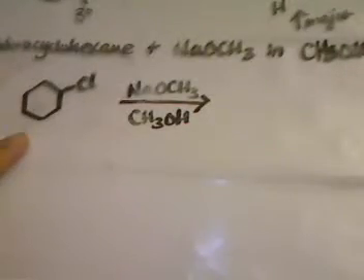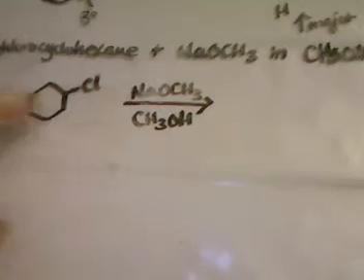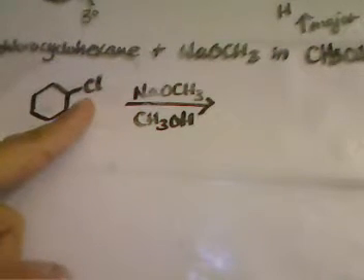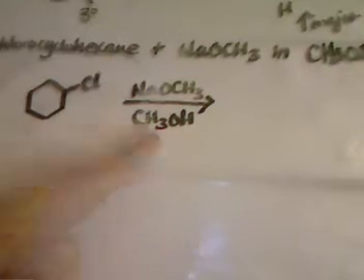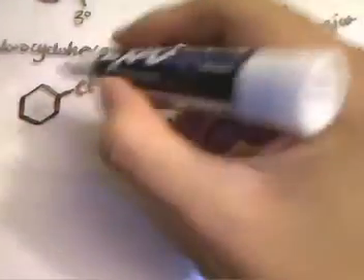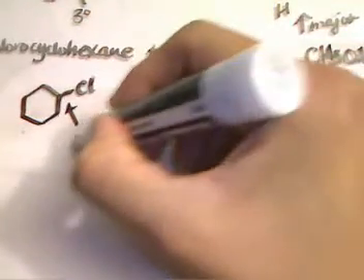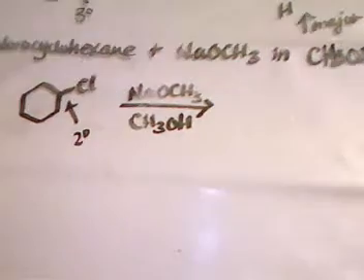So the first thing we do is draw the molecule, and this is the molecule. It's a cyclohexane ring with a chlorine attached. In NaOCH3 and CH3OH, well, we ask ourselves what kind of a substrate we have. We have a secondary substrate. It's a second degree.